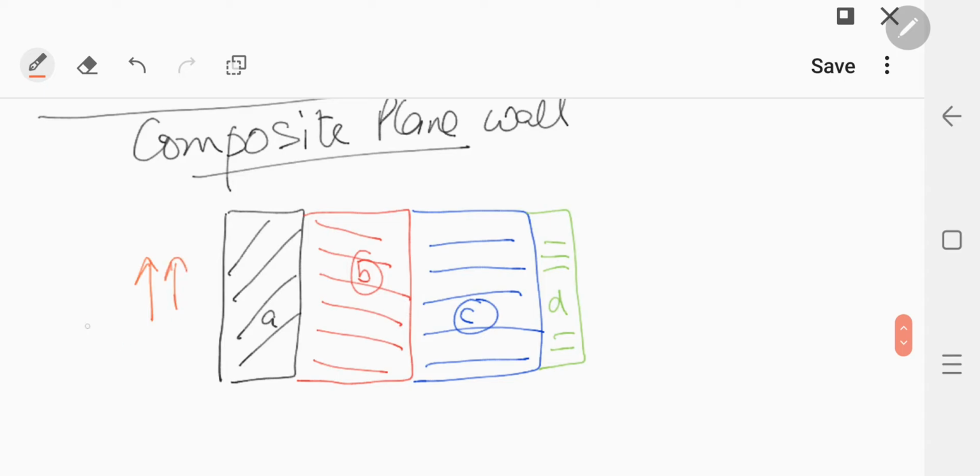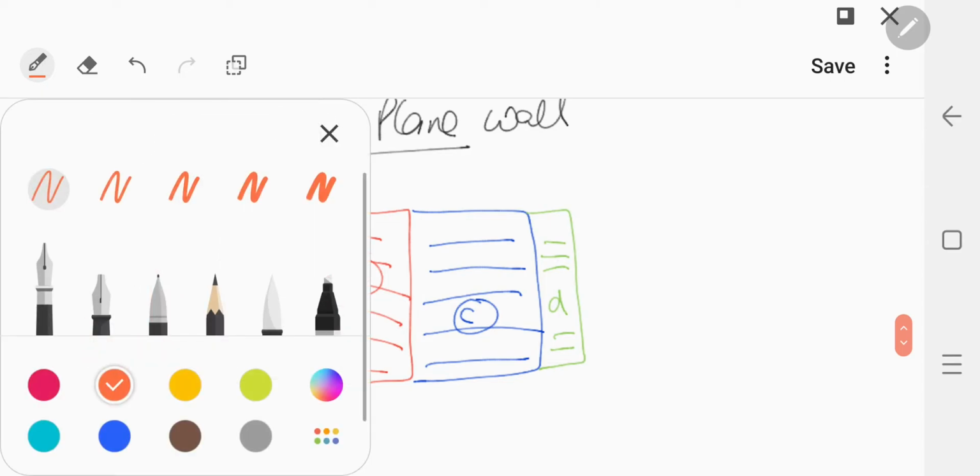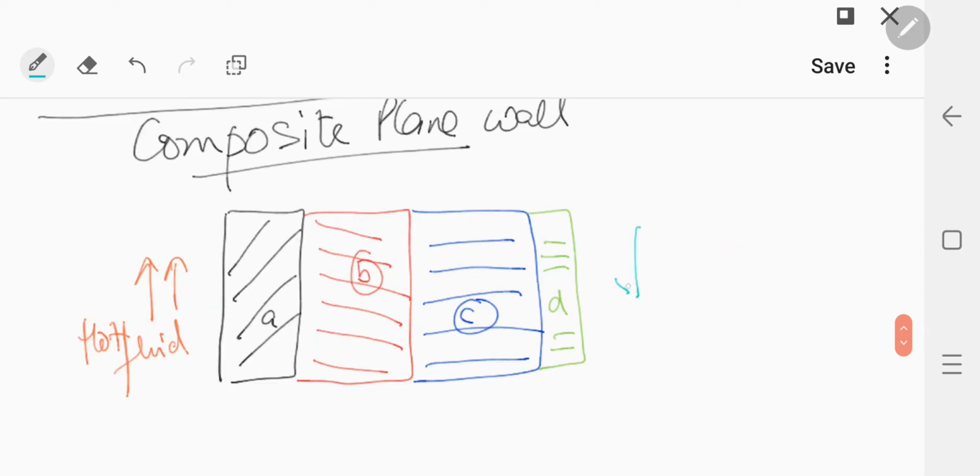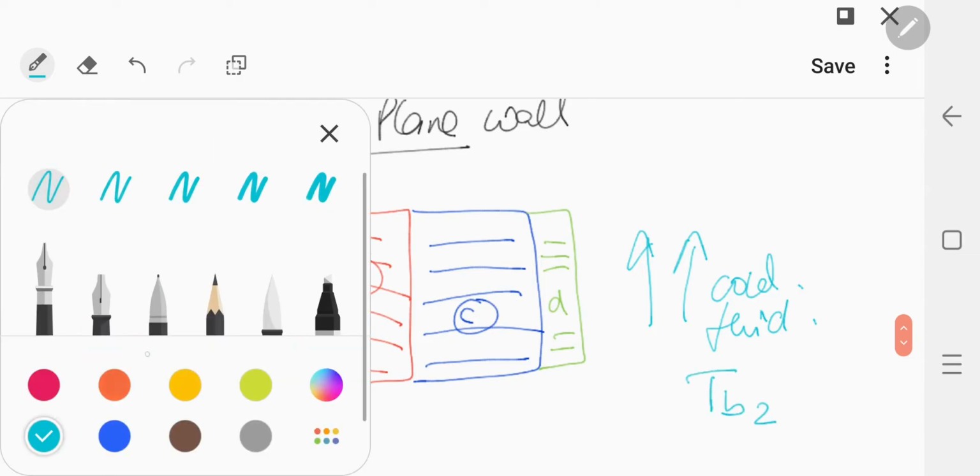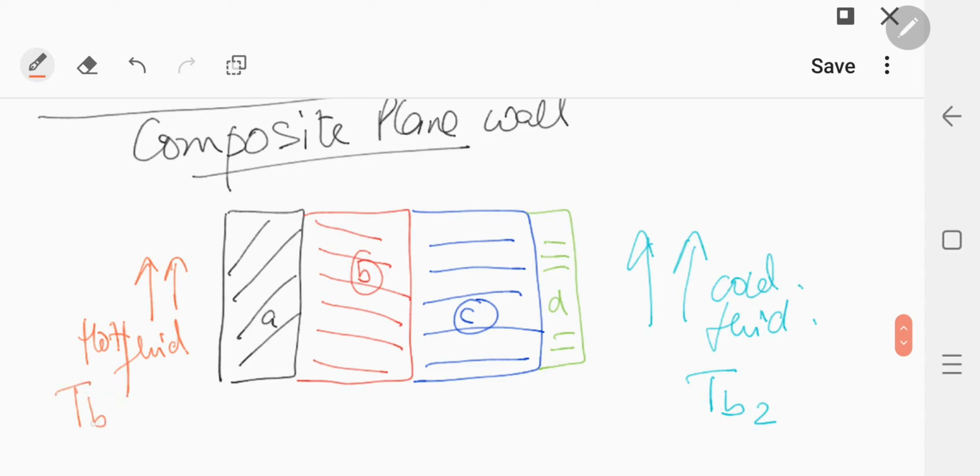There's a hot fluid flowing in this direction, and we have a cold fluid; either direction we can take it, no problem. The hot fluid is at temperature TB2, the cold fluid is at temperature TB1.